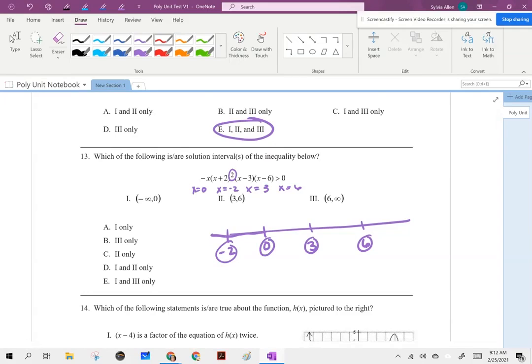All right. So let's see, we've got 1, 2, 3, 4, 5 factors. And don't forget about that negative right there. So we've got 1, 2, 3, 4, 5, and then a negative.